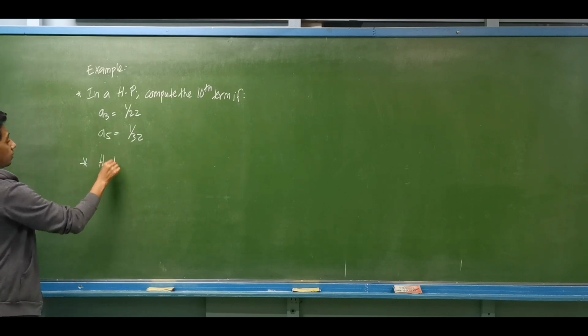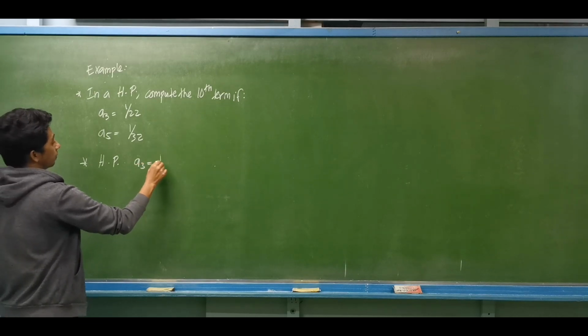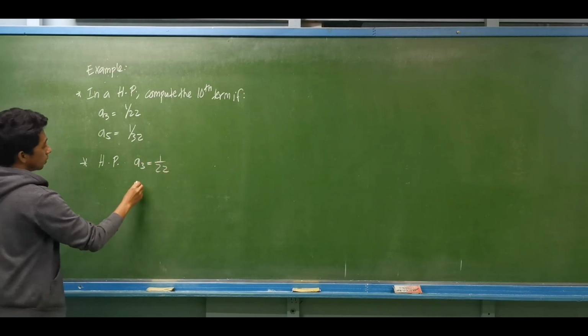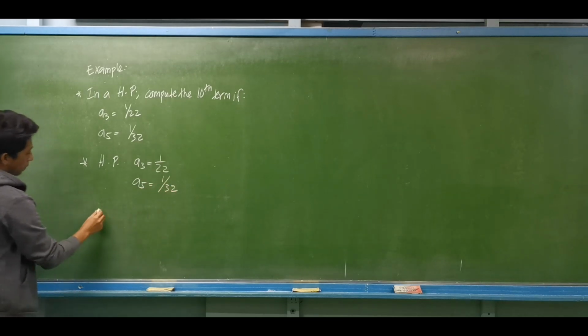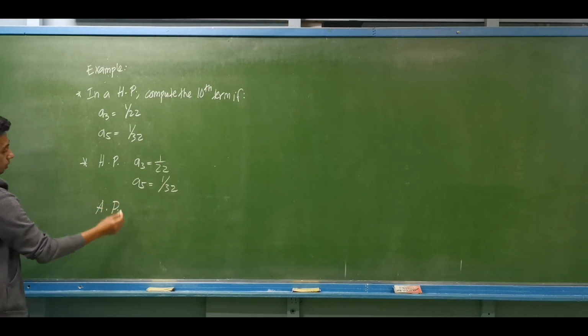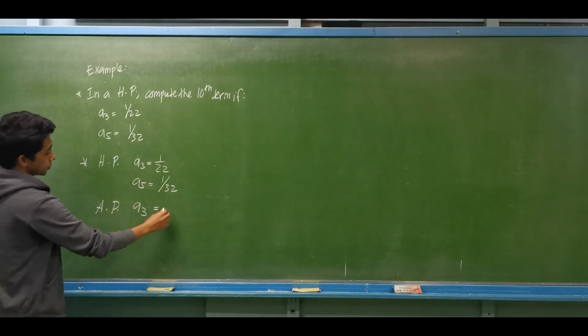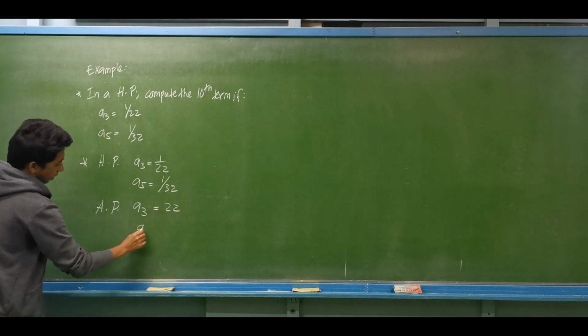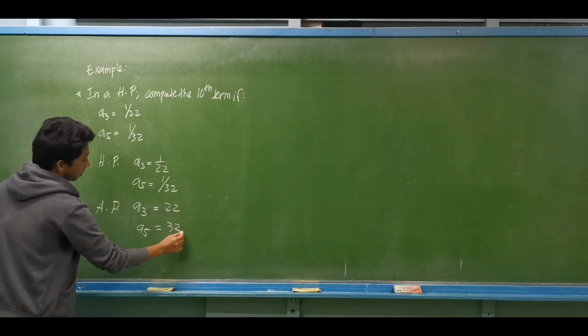Under harmonic progression, our third term is 1 over 22 and our fifth term is 1 over 32. Converting these terms into arithmetic progression, the reciprocal of the third term is 22, and the reciprocal of the fifth term is 32.